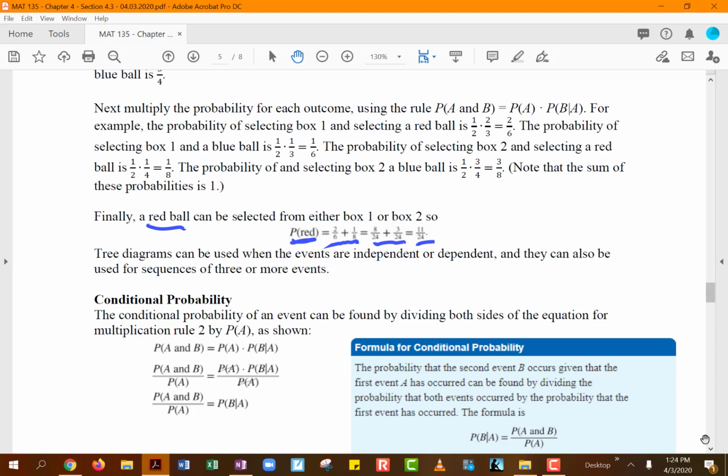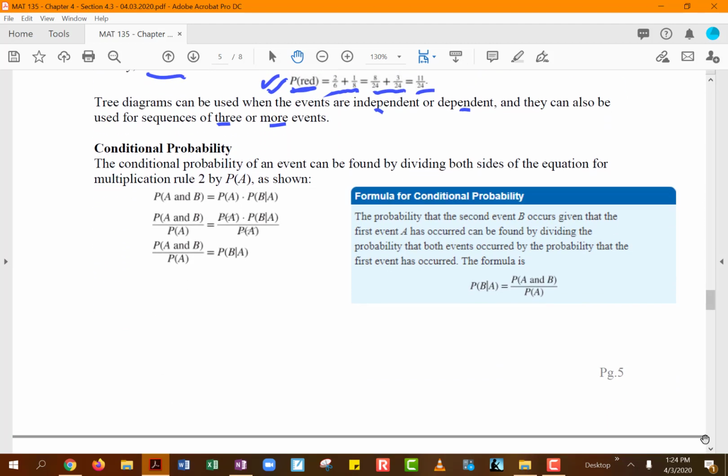That's why we were doing these multiplication calculations here. So this is your multiplication rule 2 for finding the probabilities, but then here we used addition rule 1 to come up with this total probability. They're saying tree diagrams can be used for both independent and dependent events, and of course you can do this for sequences of events which are 3 or more. Just something to think about.